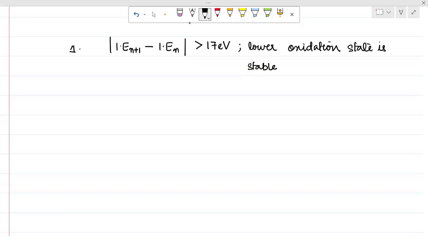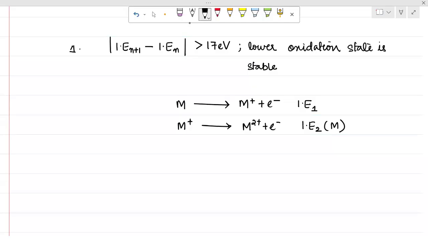Okay. For example, you have certain metal M which undergoes the first ionization energy to give M plus and an electron, and this is the first ionization energy, IE1. Now this further undergoes ionization, and this can be called IE2. So you have got two products.